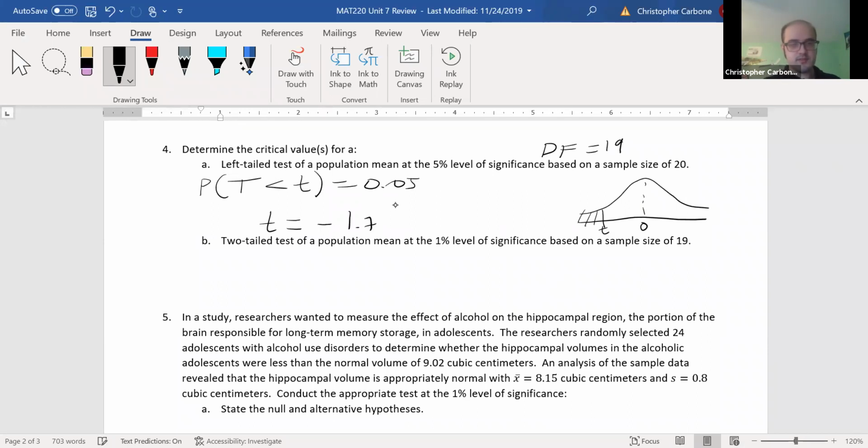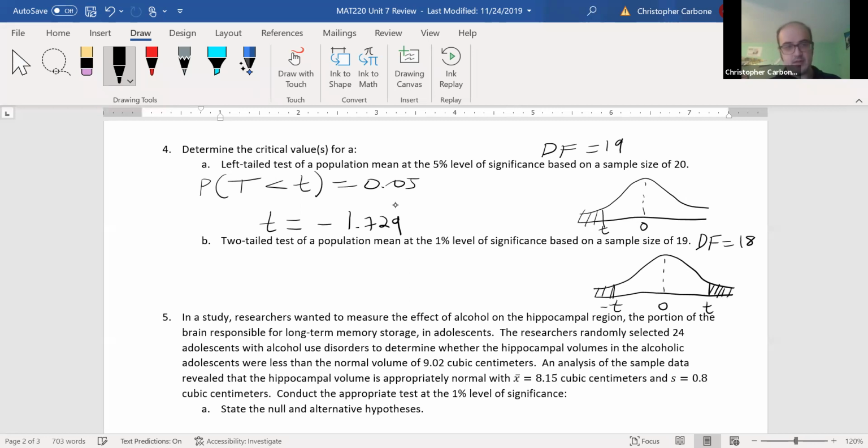Negative 1.729. For the two-tail test of a population mean at the 1% level of significance based on a sample of size 19, this one would decrease 19 by 1 to get 18 for degrees of freedom. And this one, with a 0 right here, we want the value above positive t and below negative t.